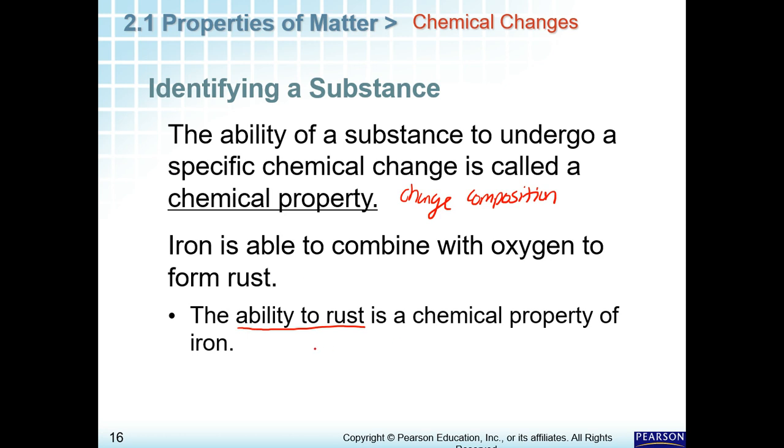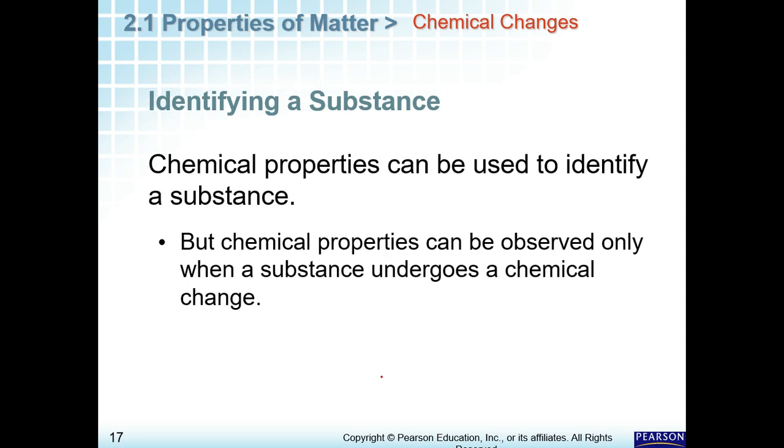Other examples of chemical properties include reactivity. So how easily does it combine with other elements? Another one is flammability. How easily does it react with oxygen to form a flame? Chemical properties, just like physical properties, are used to identify a substance.